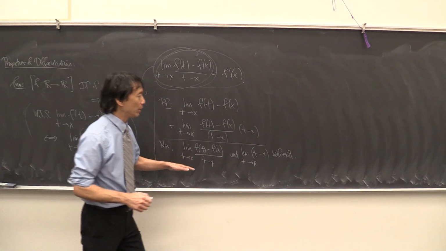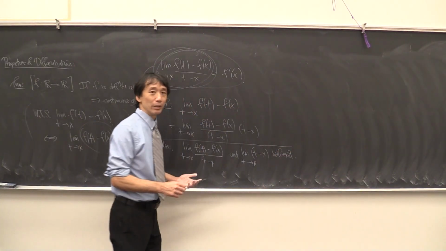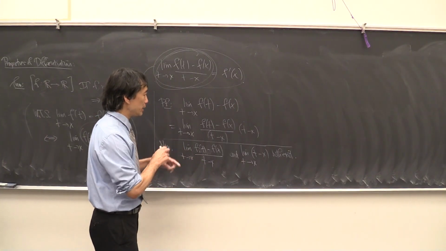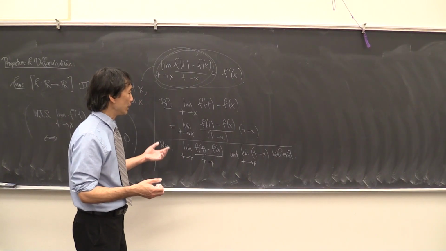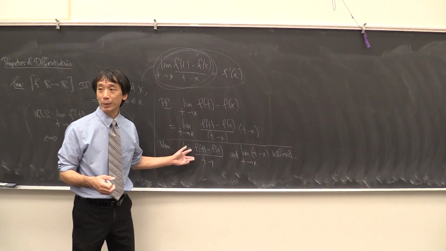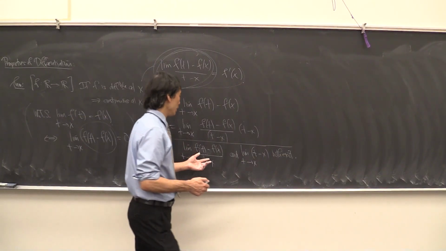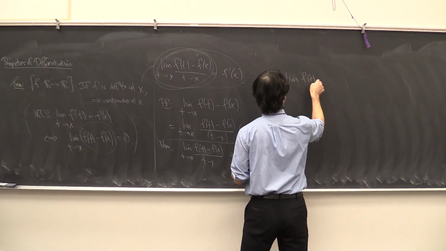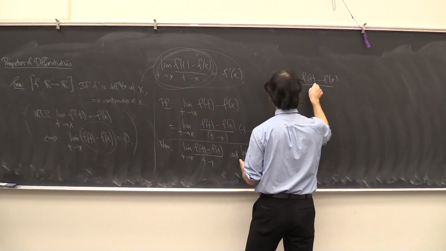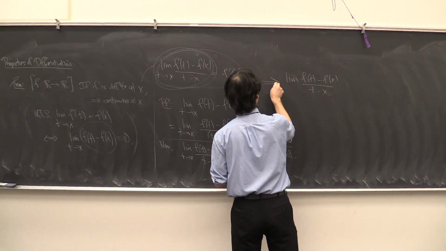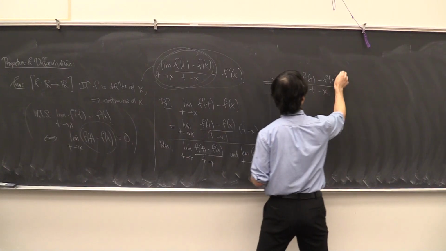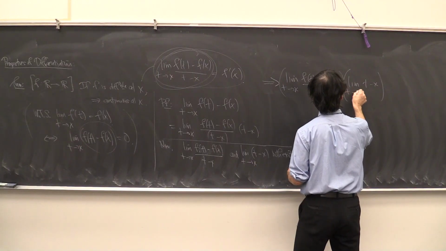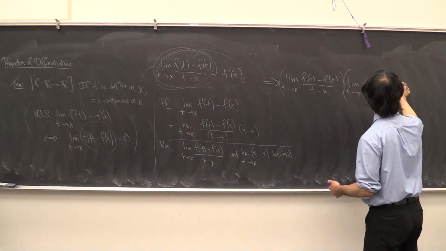And we have this theorem, which I called limits and arithmetic, which said that if the limits exist, then you can interchange limit and arithmetic operation. So the product of the limits, since both of them exist, equals the limit of the products.